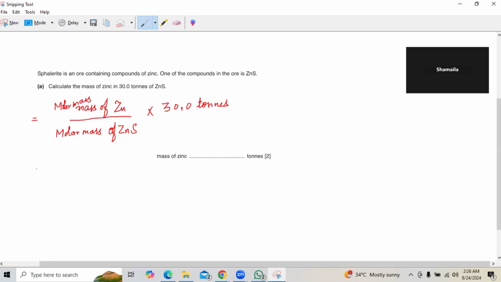So what is the molar mass of zinc, and the molar mass of zinc sulfide? The molar mass of zinc is 65, and at the bottom it would become 65 plus 32, and we are going to multiply it with 30 tons.